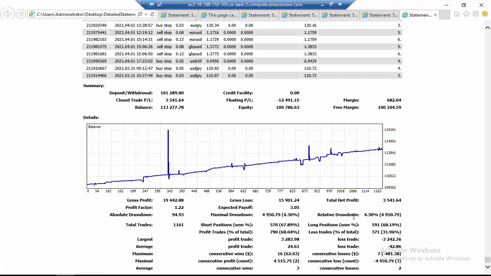Now, this is our profit, which is 3,541 cents, 64.64. So let's just take that this is dollars.